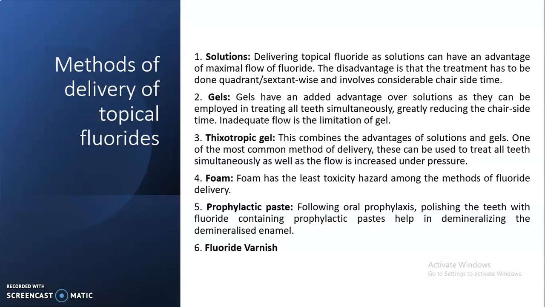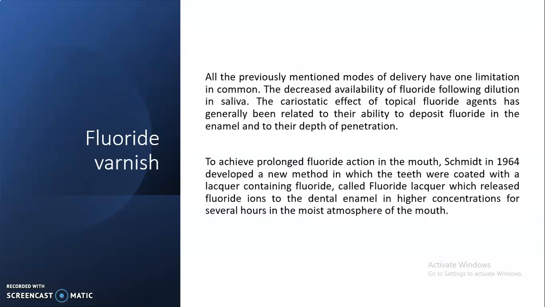In fluoride varnish, the fluoride is added to an organic solvent and painted onto the tooth structure. The organic solvent evaporates and leaves a layer of fluoride on the tooth, enhancing the bioavailability of fluoride. That is the advantage fluoride varnish has over all other methods of delivery.